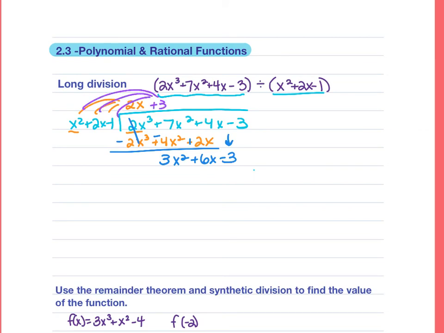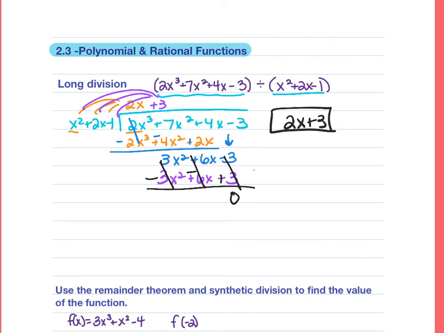Multiply it out. 3x squared plus 6x minus 3. Change your signs. Cancels, cancels, and cancels. So this is a remainder of 0. So my answer is just 2x plus 3. If I did have a remainder, remember that that remainder would get put over the divisor for my answer.